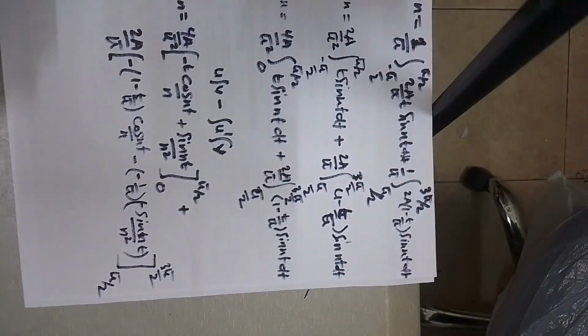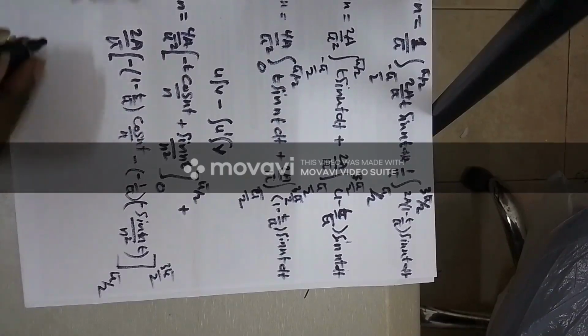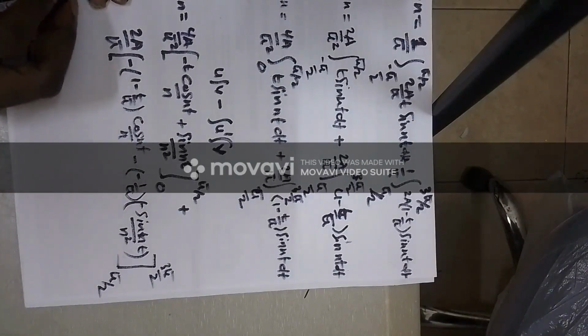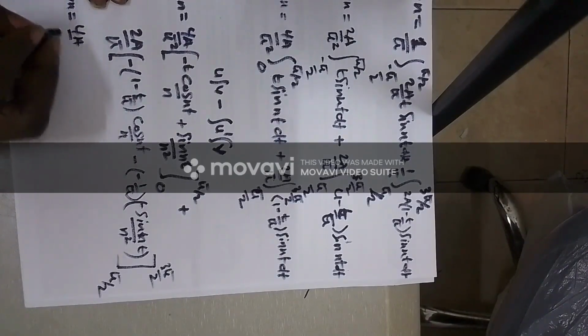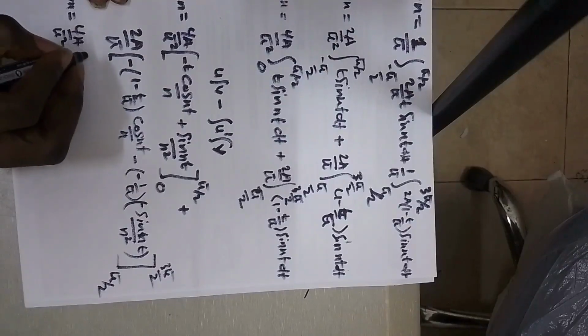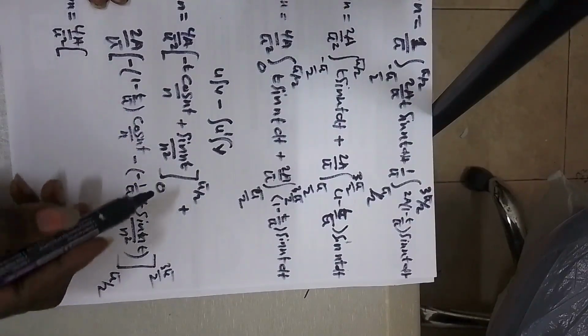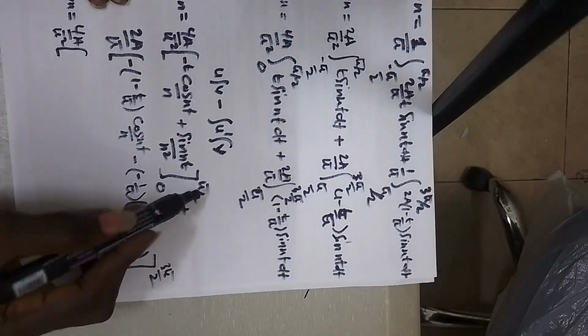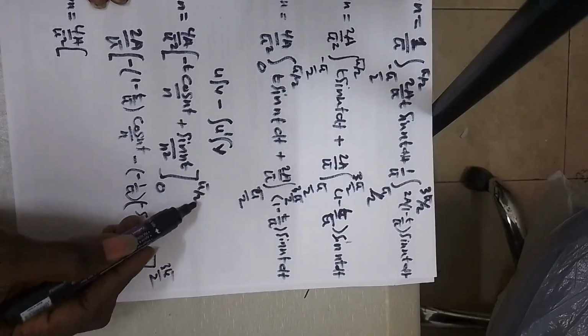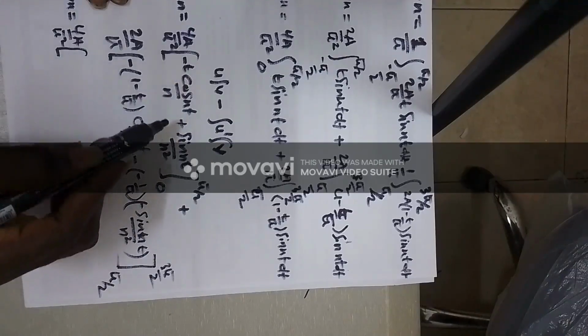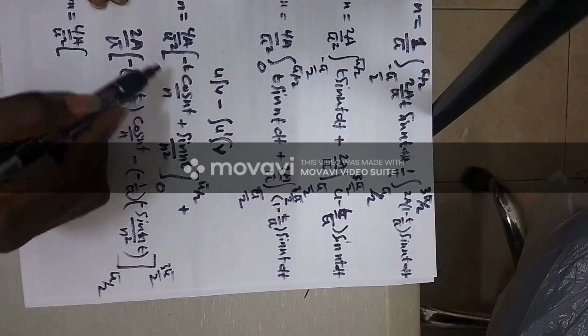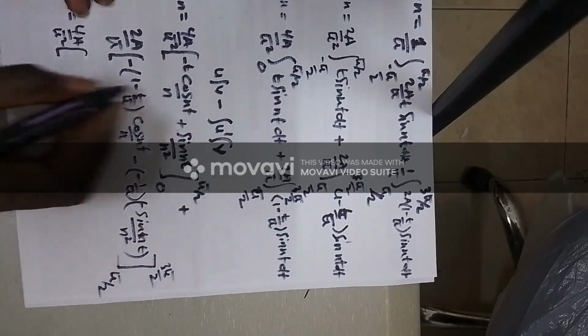So bn is equal to 4a over pi squared into, you introduce the upper limit first. The upper limit is pi on 2, so if I introduce pi on 2 into minus t cos nt over n, I'm going to get minus pi over 2n.